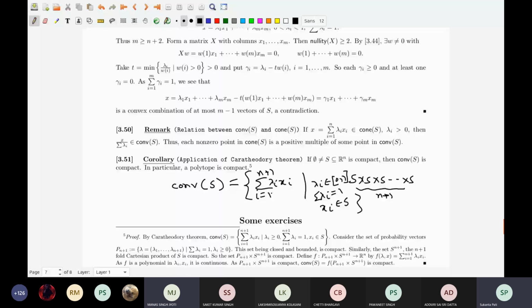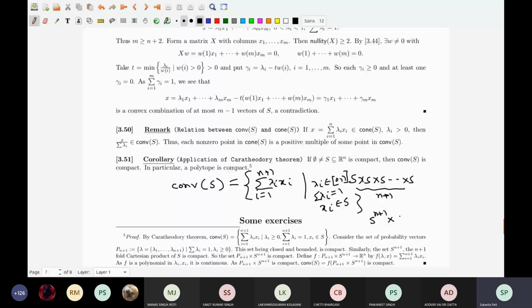So this particular set that I am talking about, S to the n+1 Cartesian product P n+1, the probability vectors.